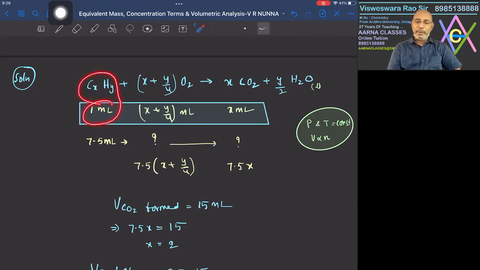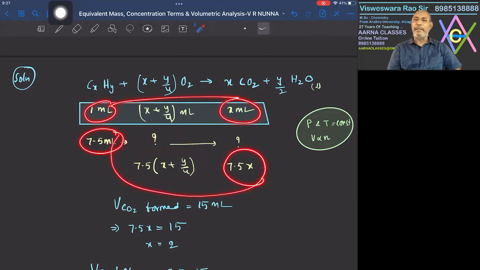So 1 ml of hydrocarbon reacts with x plus y by 4 ml of oxygen and gives x ml of CO2. 7.5 ml of hydrocarbon needs how much oxygen? 7.5 multiplied by x plus y by 4. 1 ml of hydrocarbon gives x ml of carbon dioxide, so 7.5 ml of hydrocarbon gives how much carbon dioxide?